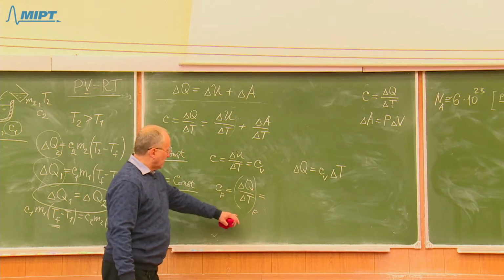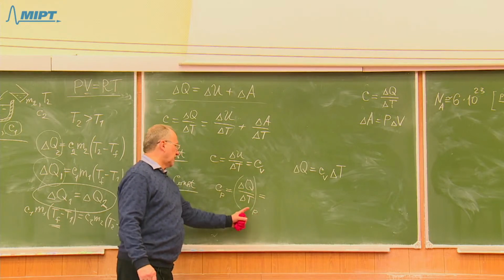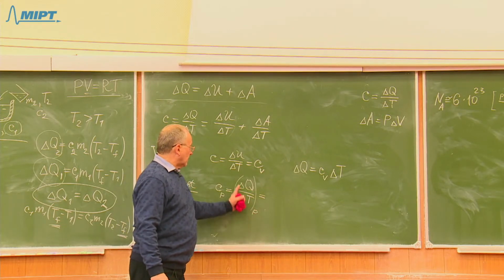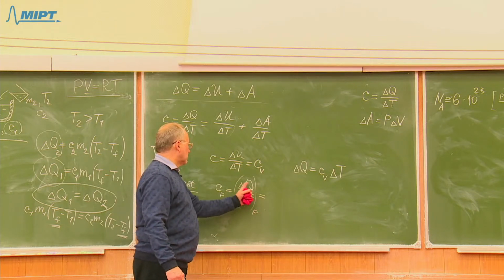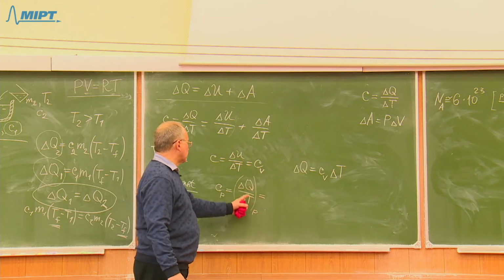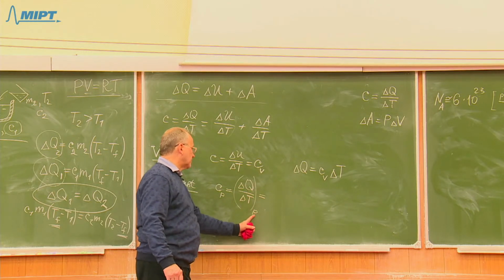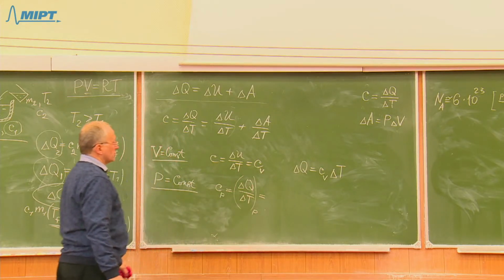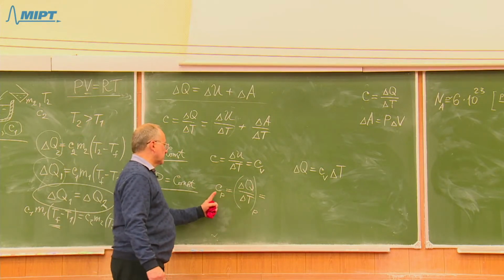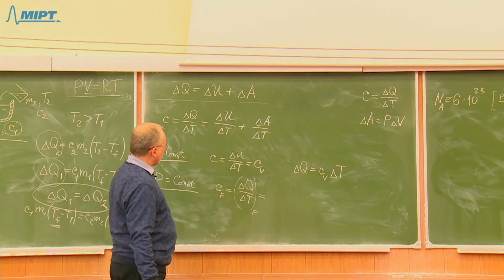I introduce such a notation which you will encounter in the literature. Change of amount of heat energy divided by change in temperature under the conditions of constant pressure. That's the meaning of such notation. And so that will give us the heat capacity under constant pressure.